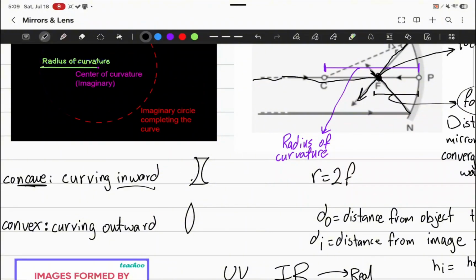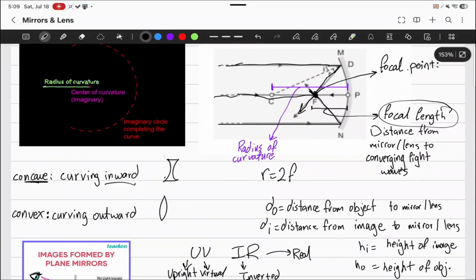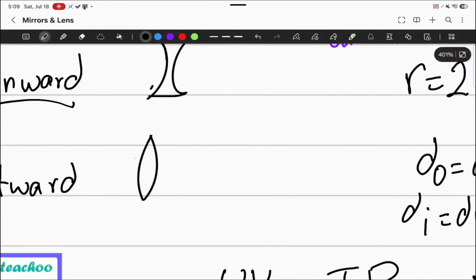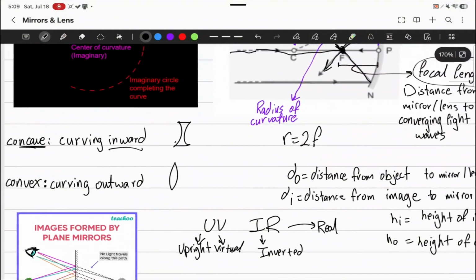It goes into itself, and it's kind of skinny. Convex means that it's curving outward, so it's protruding. If you see here, it increases near the middle, and then it decreases going to the ends.